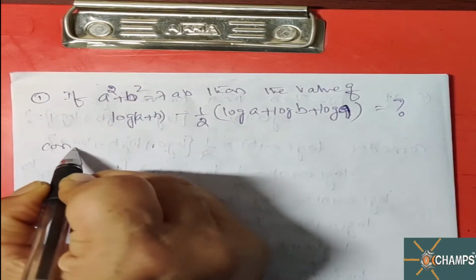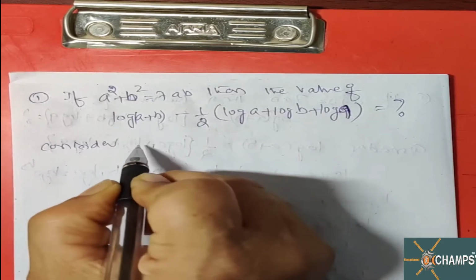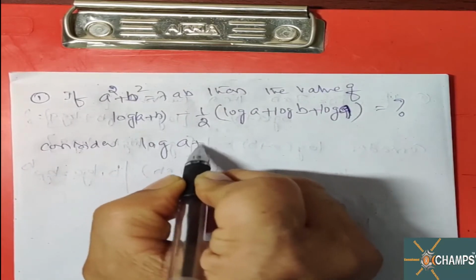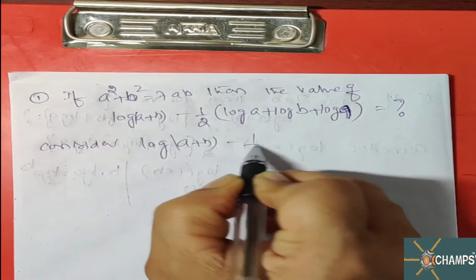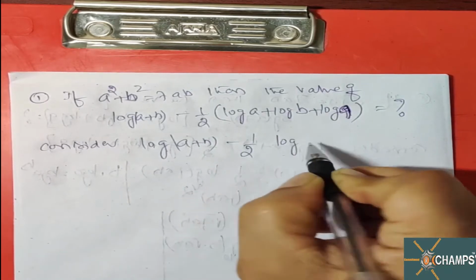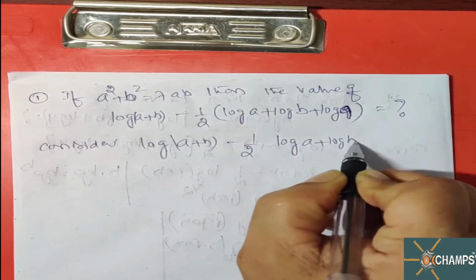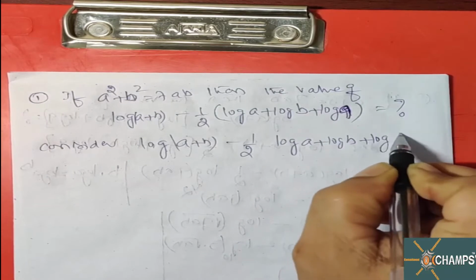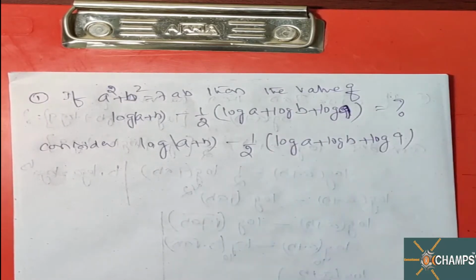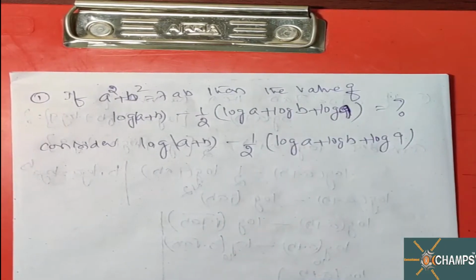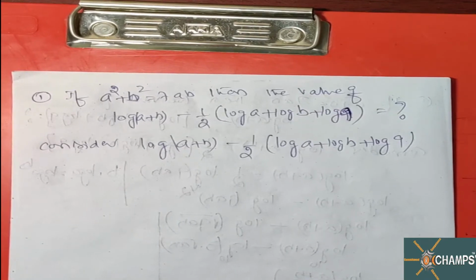Now consider log of a plus b minus 1 by 2 into log a plus log b plus log 9.